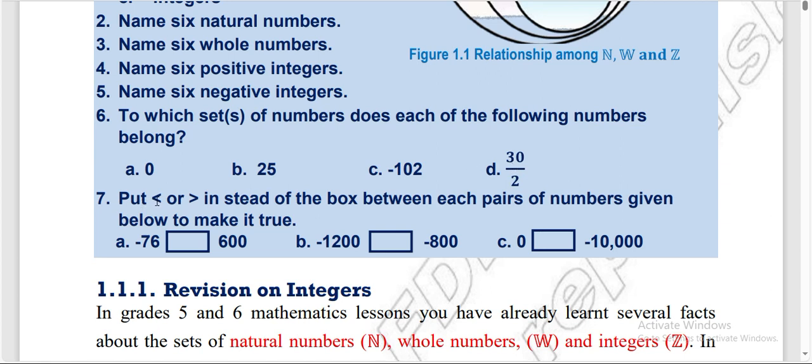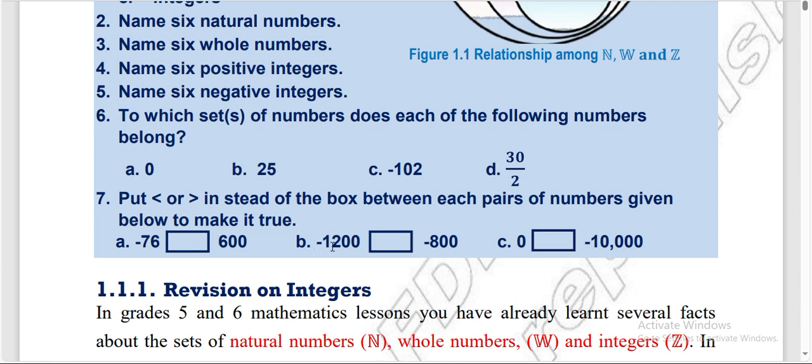Put less than or greater than in the box below for each pair of numbers to make it true. Negative 76 and 600 means negative integer dash positive, so negative 76 is less than 600.